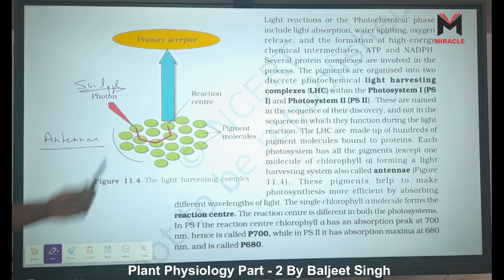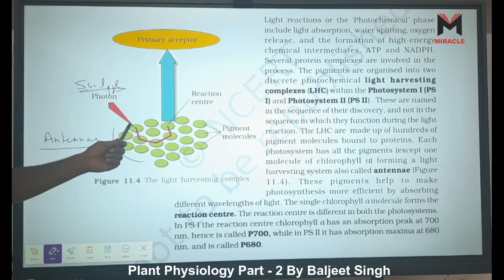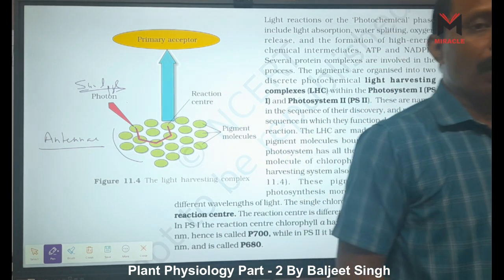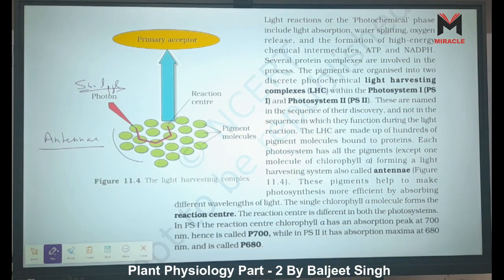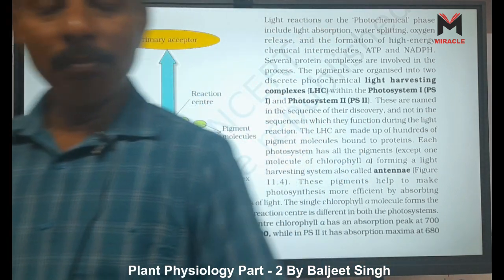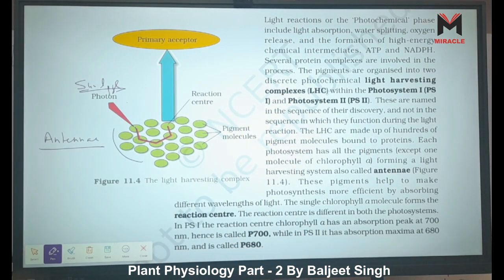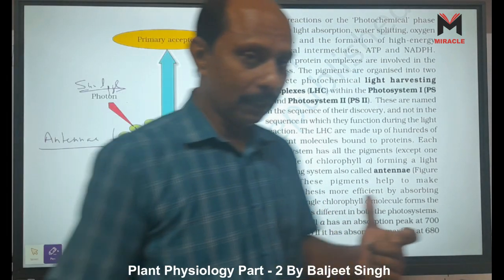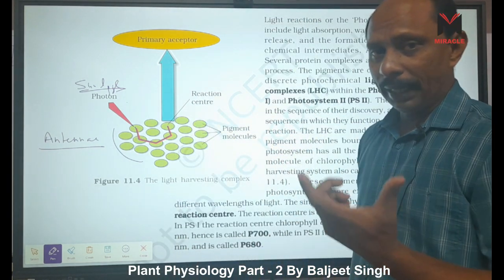That means these antennae particles also protect chlorophyll A from high intensity of light, right? Otherwise photolysis may occur. So these accessory pigments protect the reaction center, chlorophyll A, from high light intensities and also from nascent oxygen.